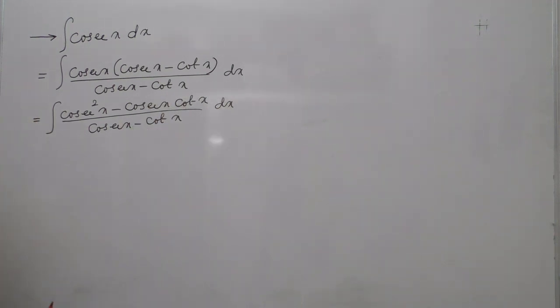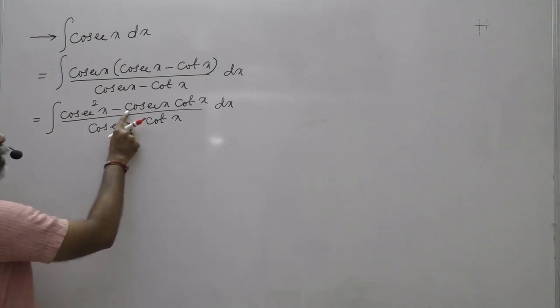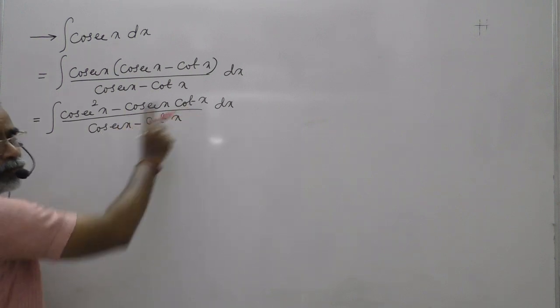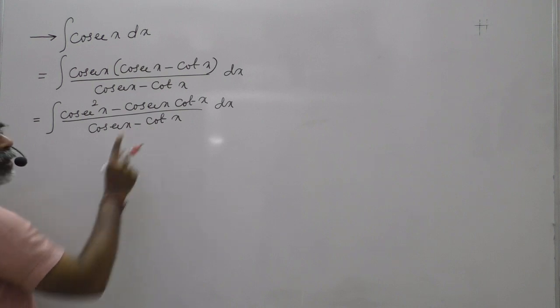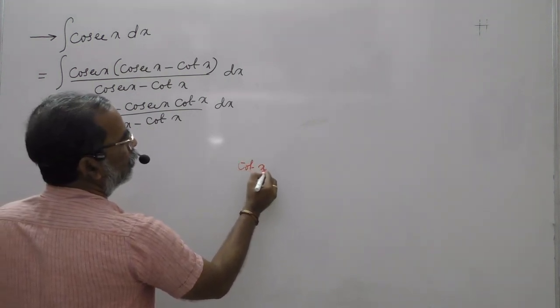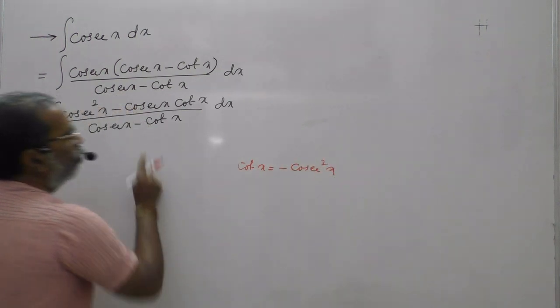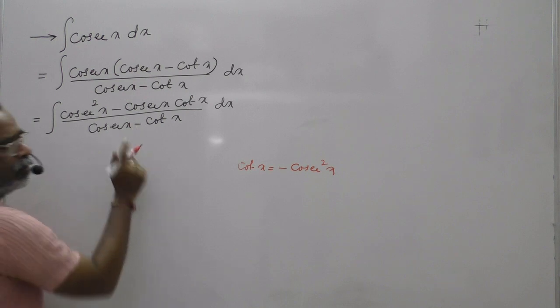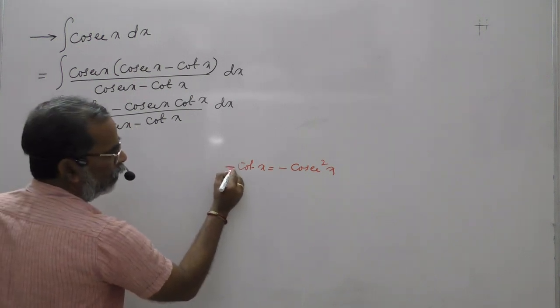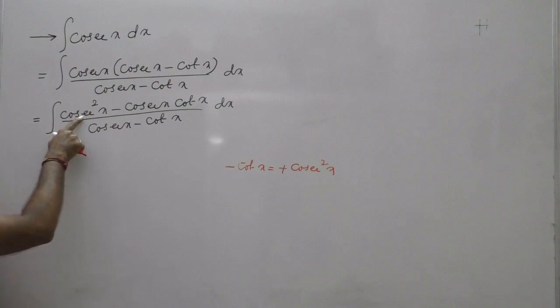U by v. Listen carefully, what is the derivative of cosec x minus cot x? The derivative of cot x is minus cosec square x, but here minus cot x is there, so the derivative of minus cot x will be plus cosec square x.